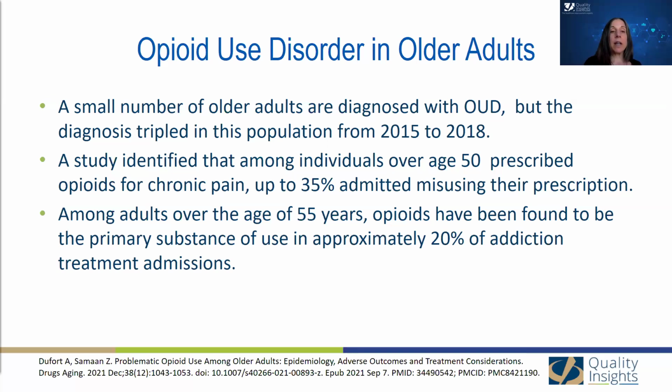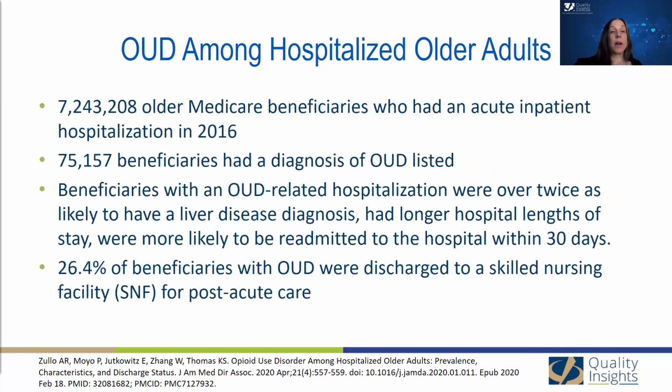They looked at a study of individuals over 50 prescribed opioids for chronic pain, and up to 35% admitted to misusing their prescription. So it's a big risk factor for opioid use disorder. And among adults over the age of 55, opioids have been found to be the primary substance of use in 20% of addiction treatment admissions. So it's becoming a bigger issue with time.